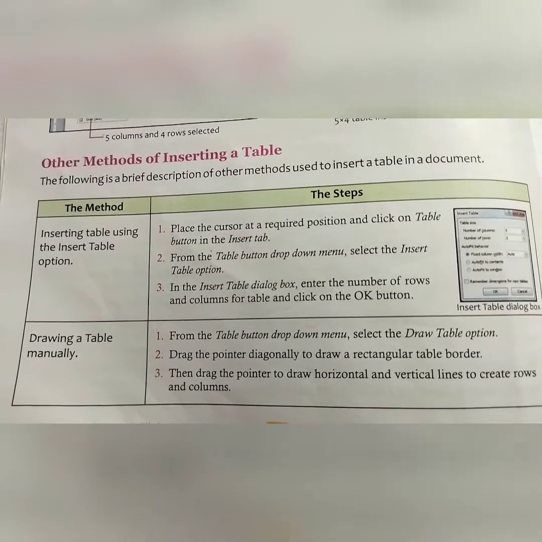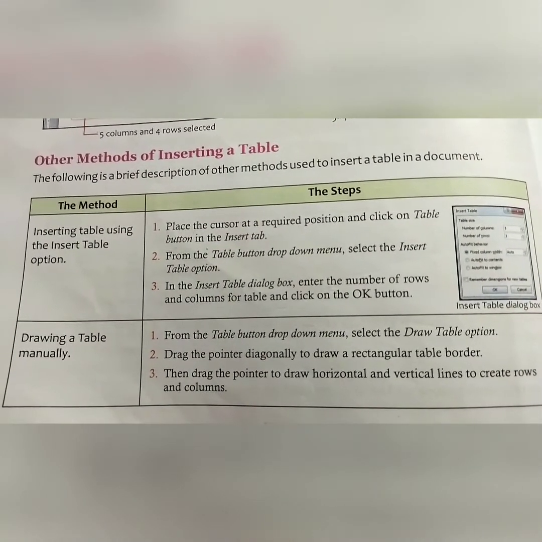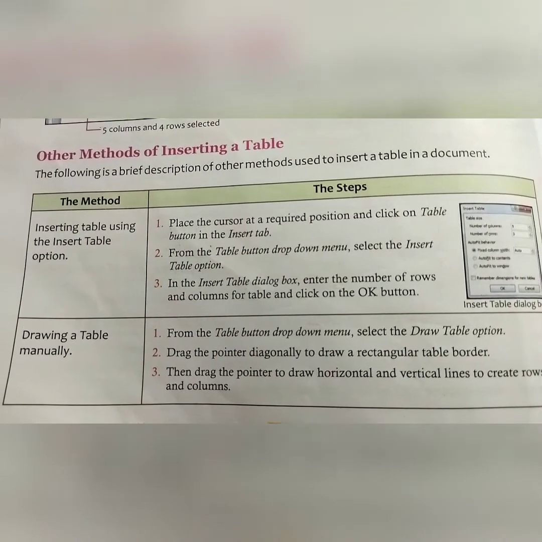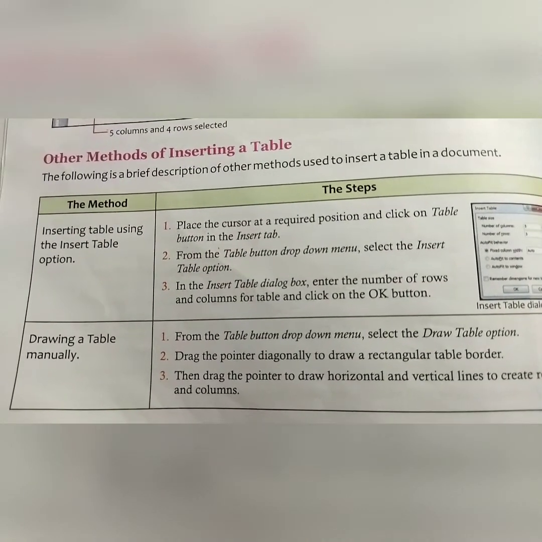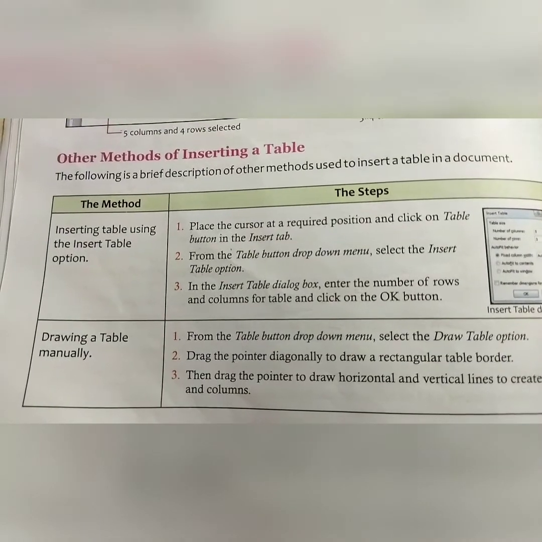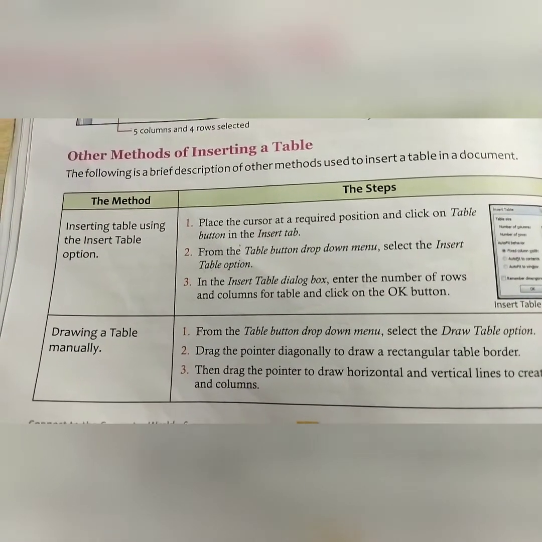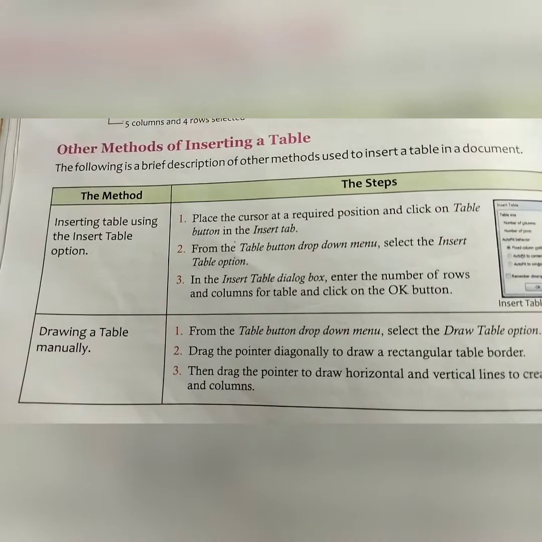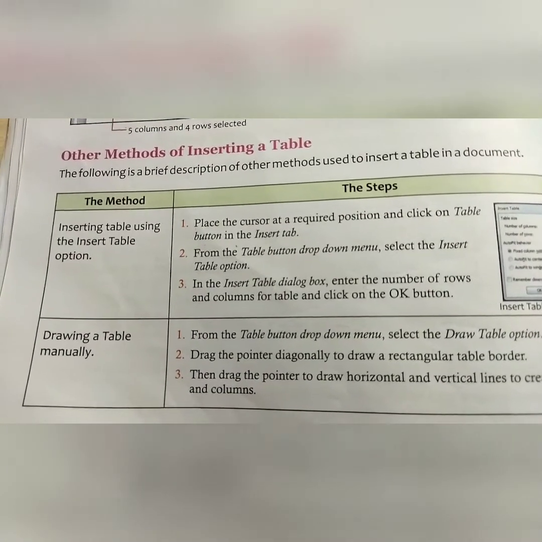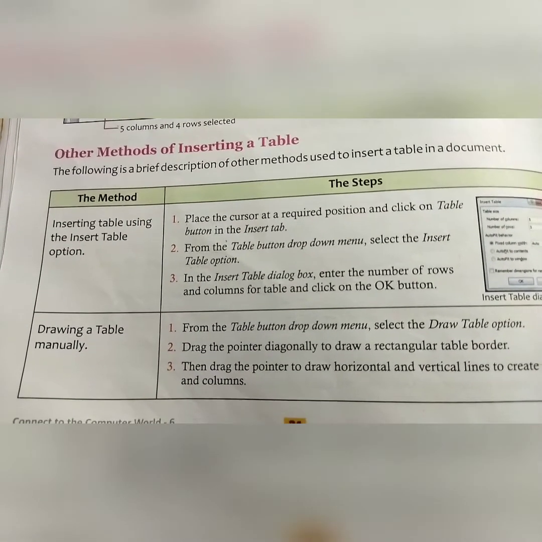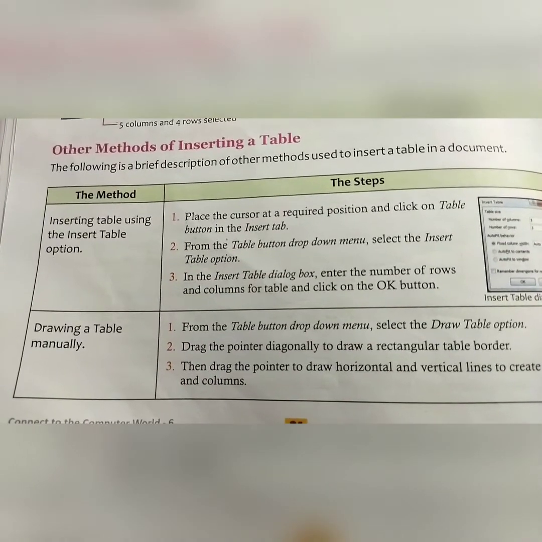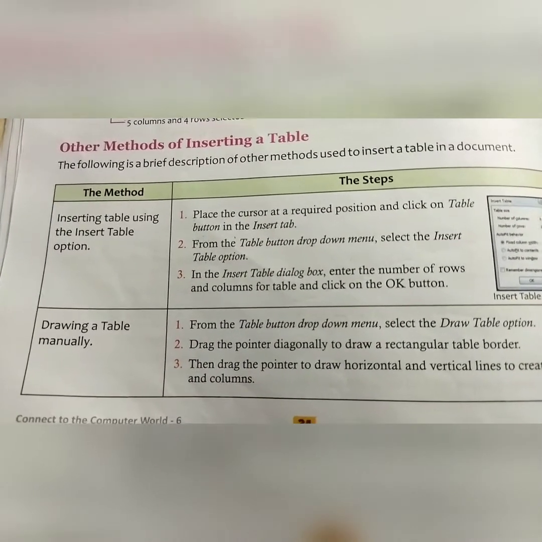The steps are: place the cursor at the required position and click on the Table button in the Insert tab. Second, from the Table button drop-down menu, select the Insert Table option. Third, in the Insert Table dialog box, enter the number of rows and columns for the table and click on the OK button.